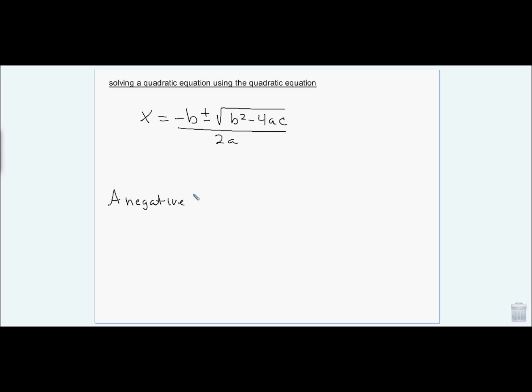A negative boy couldn't decide whether or not to go to the radical party, but he was square.